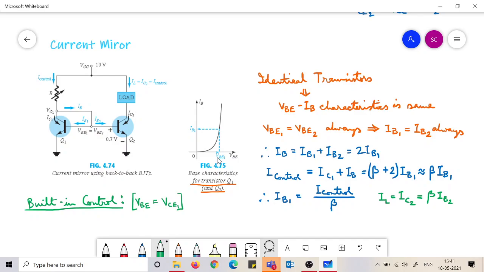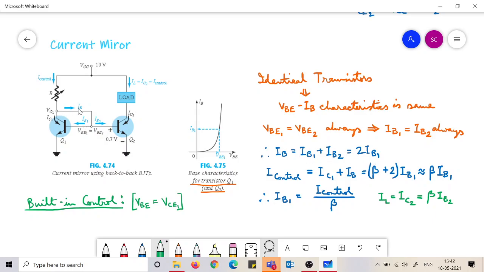So IB1 and IB2 become same all the time. And now you see what is IB. IB is IB1 plus IB2. What are we applying? KCL or KVL? KCL we are applying here. So from KCL, IB equals IB1 plus IB2, which is twice IB1, because these two are same.